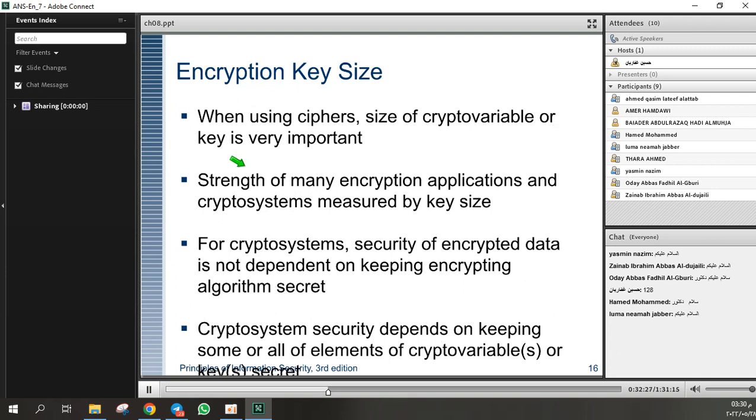The body of those encryption algorithms is not private. But we know that the strength of those encryption algorithms is measured by the size of their keys. Their strength does not depend on keeping the encryption algorithm secret.